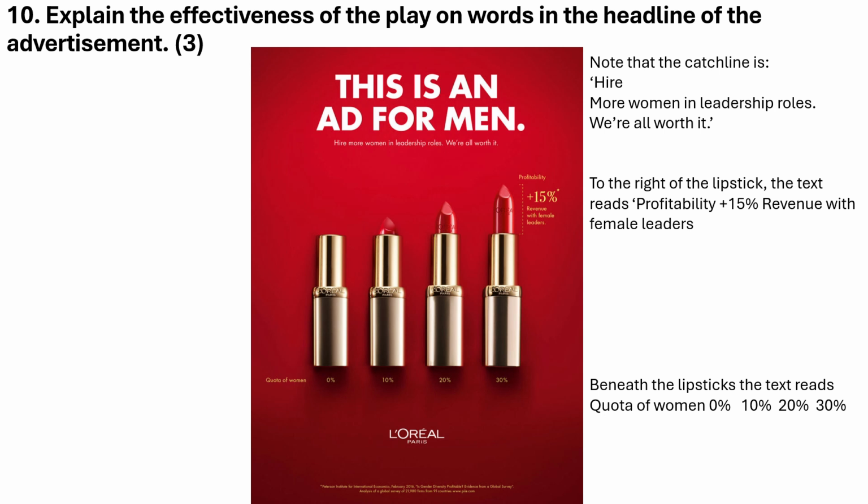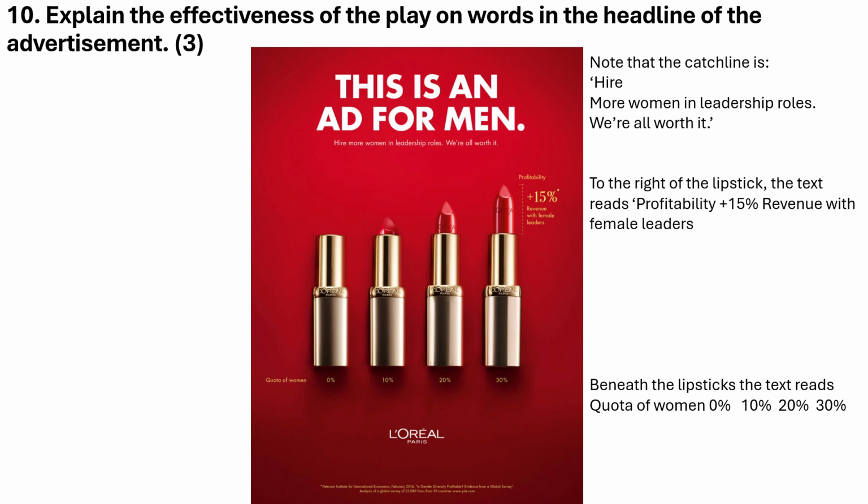So here goes. In this advert, the headline, "This is an ad for men," makes the reader surprised and curious. There's 1 mark. And it's therefore effective at capturing their attention and maintaining their interest, because the picture shows 4 lipsticks and the advertiser is a makeup and beauty products company, L'Oreal, and therefore it seems like an advert where women would be the target market. 2nd mark.